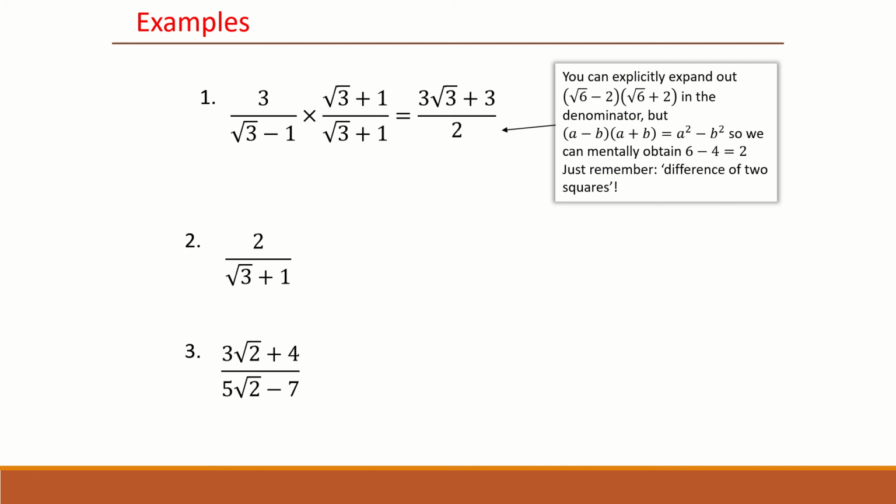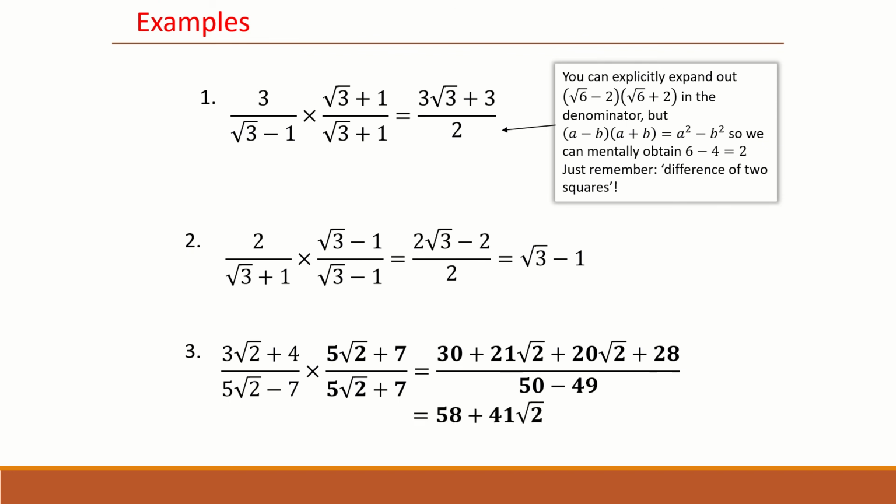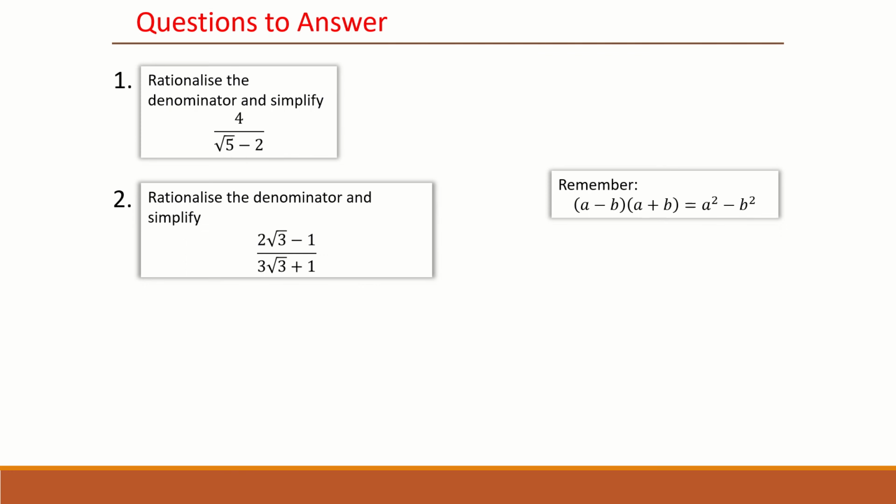Second question, we would multiply the bottom and top by root 3 minus 1 to give us 2 root 3 minus 2 over 2. For the last question, you do the exact same and multiply. You can simplify the second question into root 3 minus 1. For the last question, you can multiply the top and bottom by 5 root 2 plus 7 to give you that. Simplify that fraction to give you 58 plus 41 root 2.